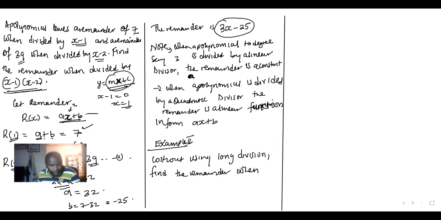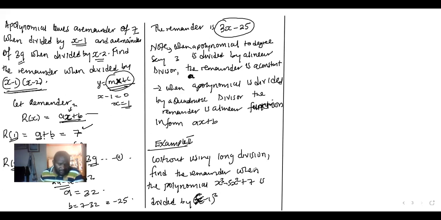Find the remainder when the polynomial x cubed minus 5x squared plus 7 is divided by x minus 1 squared. x minus 1 squared.